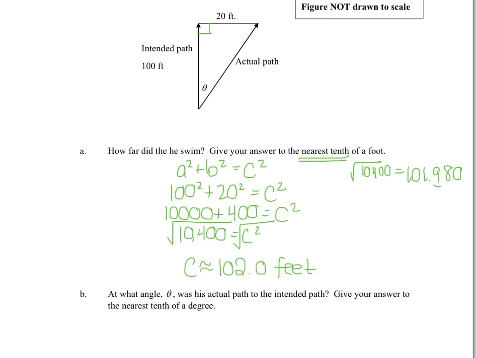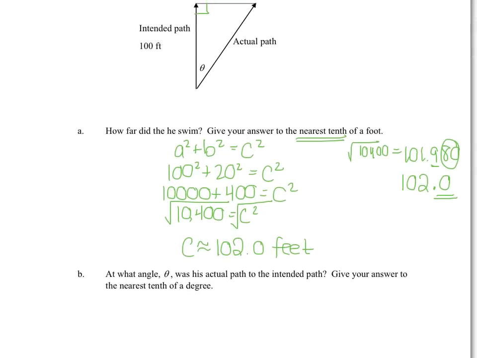That means I need one spot after the decimal point, which means I look to the next number after that. Well, 8 rounds up, so 9 is going to round to the next spot, which is 10 or 0. So we're going to have 102. But because it asks for us to round to the nearest tenth, we need to have that tenth spot. So it's going to be approximately 102.0 feet.